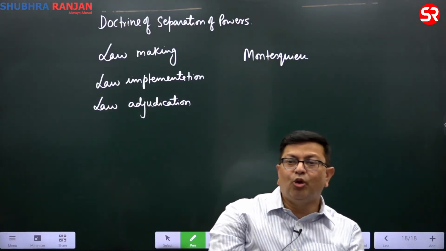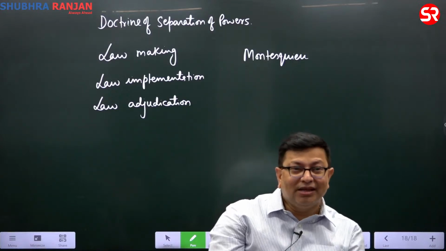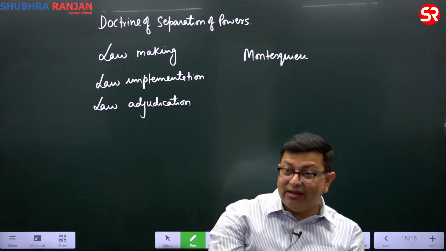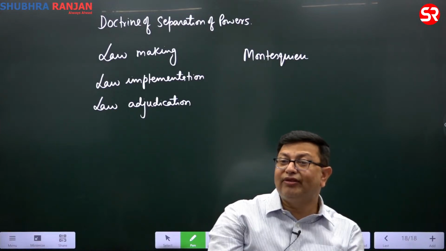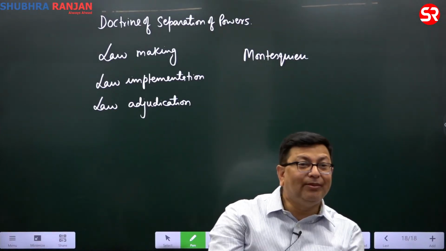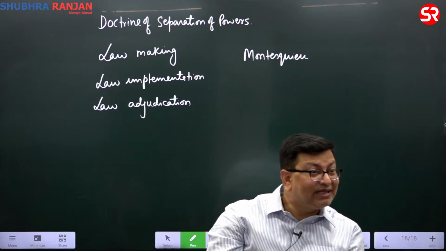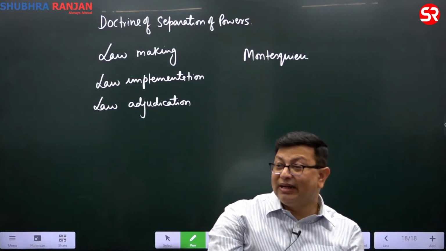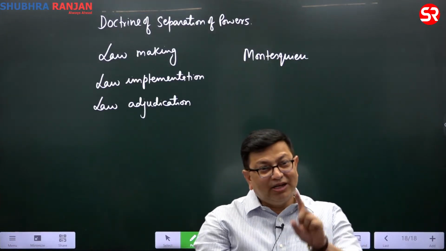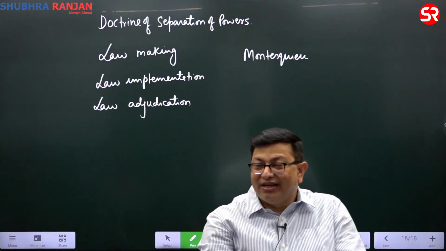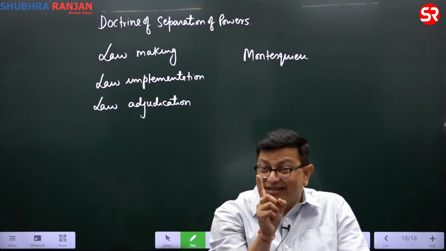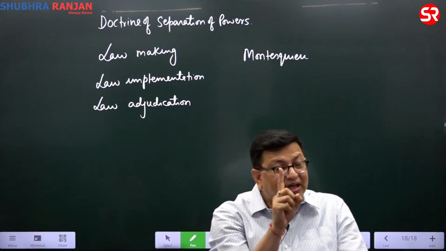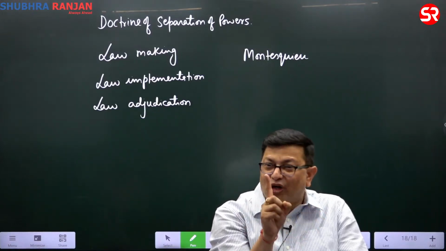Like, no discussion can take place in the houses of the parliament on the conduct of a judge of the Supreme Court or a High Court except on a motion for the removal of the judge. Under normal circumstances, the legislators cannot discuss the conduct of the judge of the Supreme Court or the High Court.